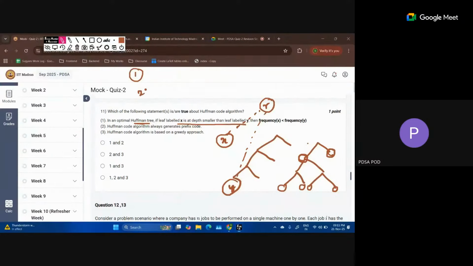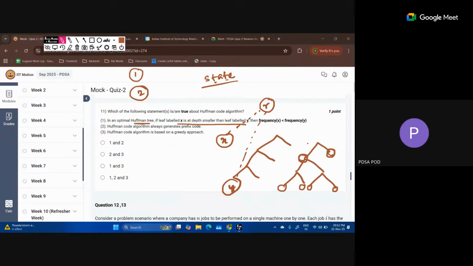The second argument is, in the Huffman tree, the idea is that when we are assigning a code to a letter, one particular letter may occur multiple times. Let's say consider the word STATE. Here T is occurring 2 times.